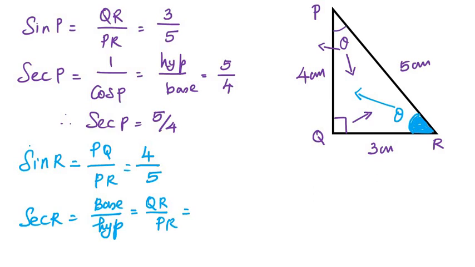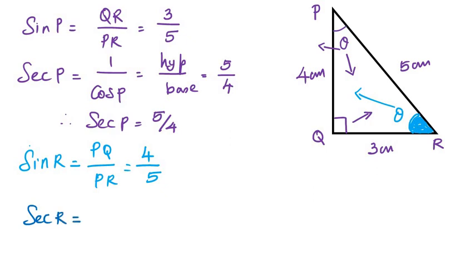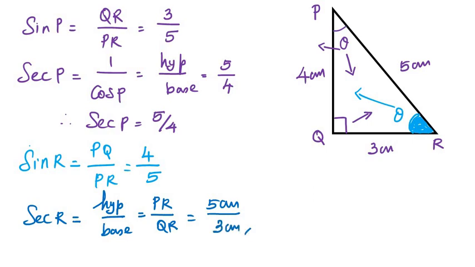So the next part is secant R. The ratio of secant R is hypotenuse by base. Okay, so hypotenuse is PR and divided by base is QR. So the value of PR is 5 centimeter and as well as QR is 3 centimeter. Okay.